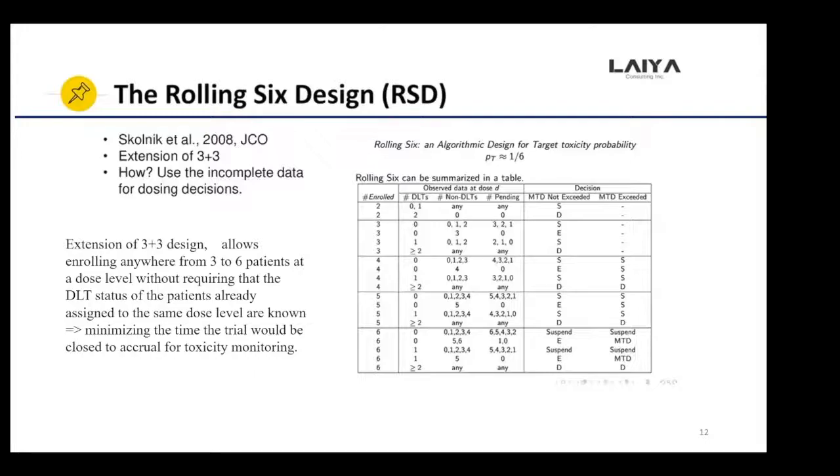And for the 4th and 5th patients, if they're already being treated at the dose level, you might want to decrease their dose right away because you see toxicity. However, those 4th and 5th patients will not be used for the escalation, de-escalation rule anymore. I think the treatment of those patients will probably be based on physician discretion.